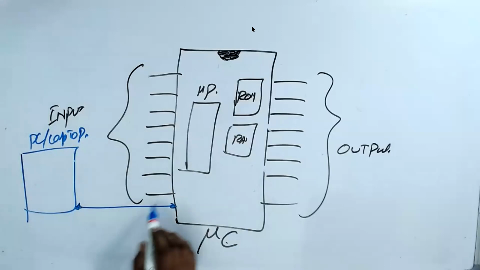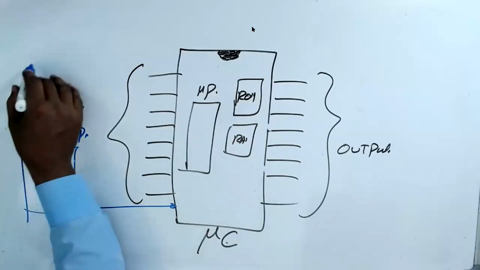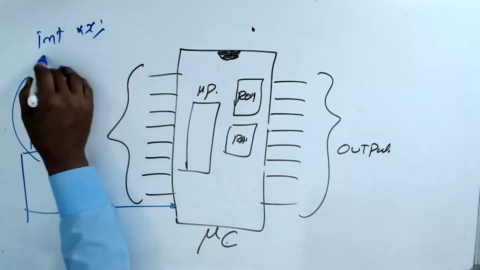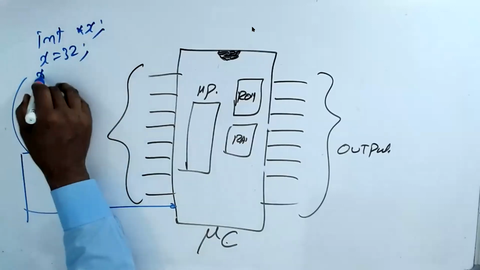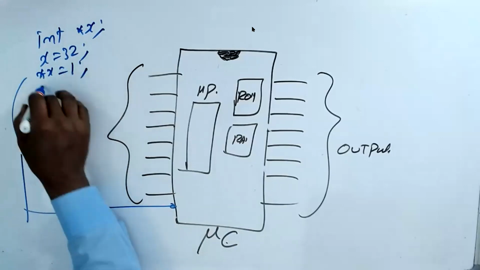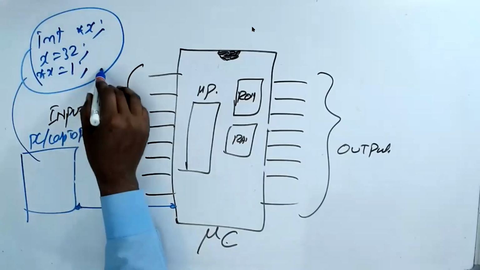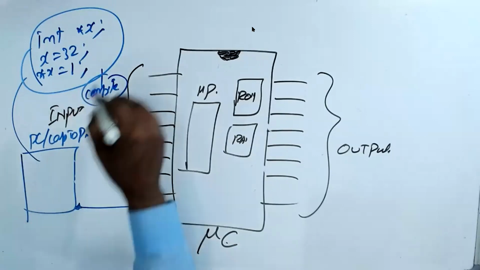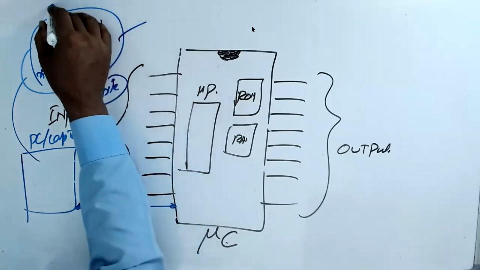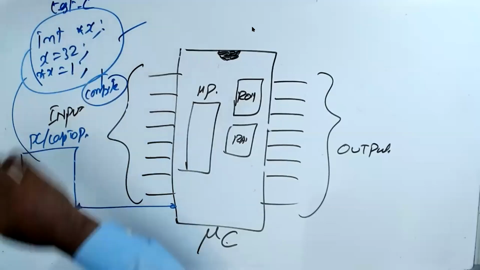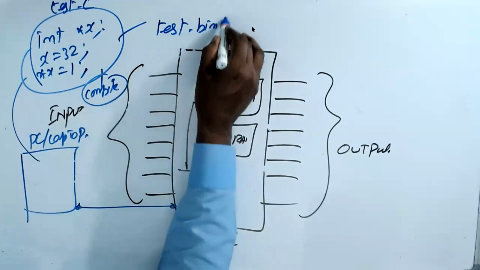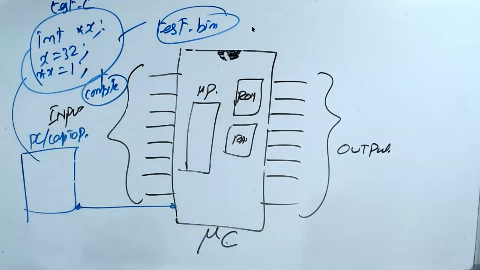After connecting, you write software here: int *x; x = 32; *x = 1. Then you compile. After you compile, say this is test.c, you get a test.binary file, whatever it is, which only the microprocessor will understand.